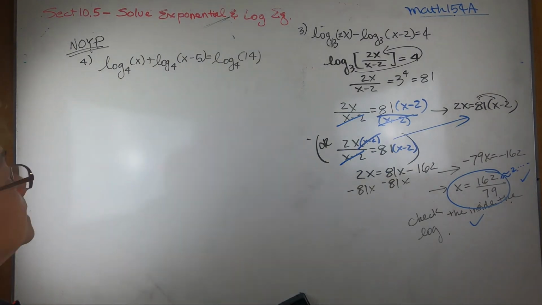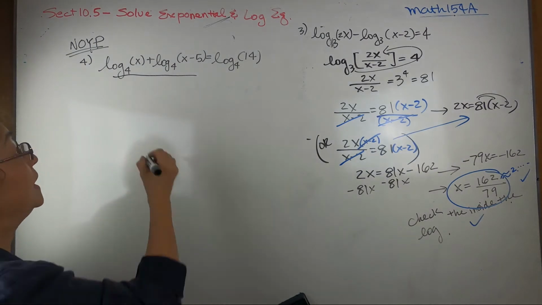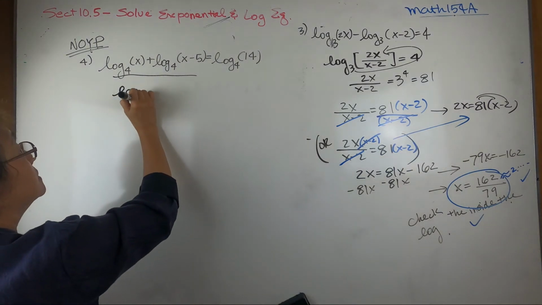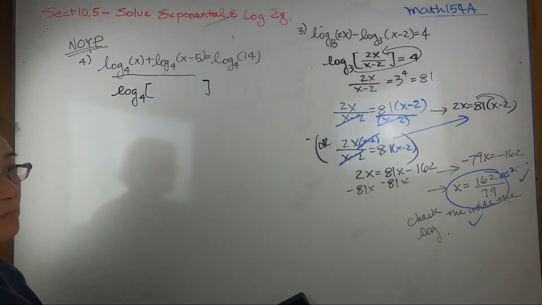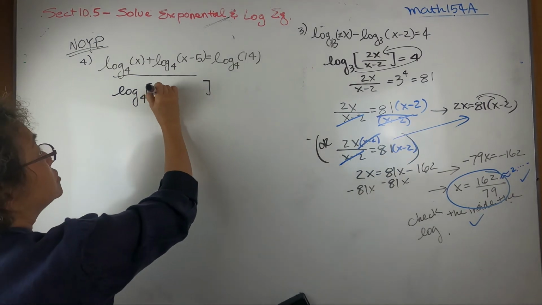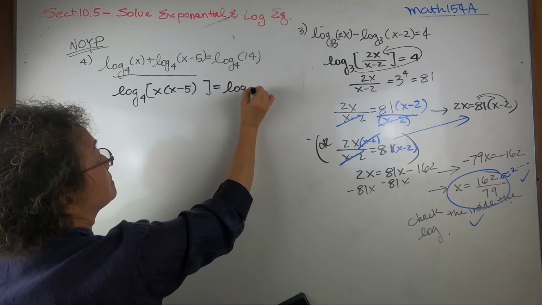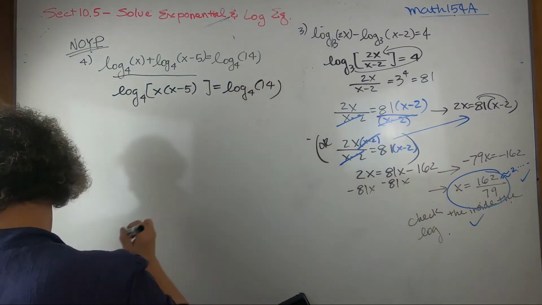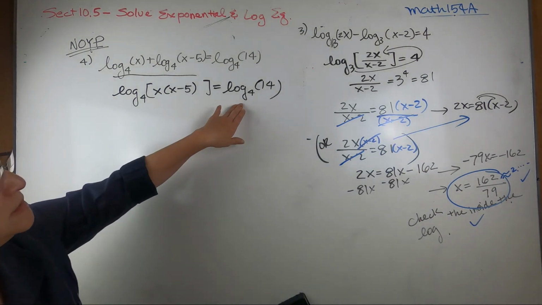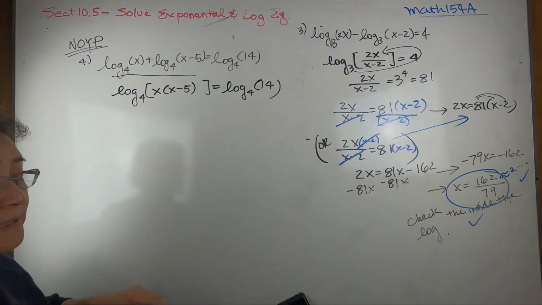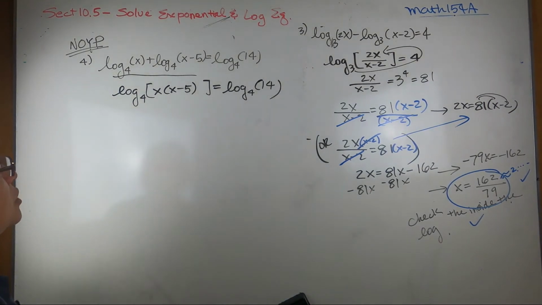Both have the same base. So if we simplify the first side and make it 1 log, what do you think? When you add, you multiply inside, right? In a situation like this, the side is not a number, so you cannot write it as an exponential equation.